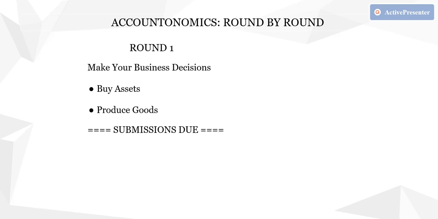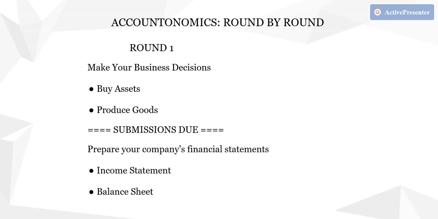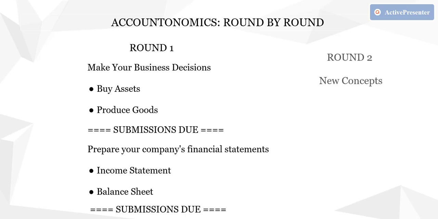The second portion of round one is going to be preparing your company's financial statements, such as your income statement and your balance sheet. You'll reach another submission before you move on to round two. The difference will be new concepts will be introduced in the later rounds. Alright, now that we've got the flow down, let's go ahead and walk through a round.